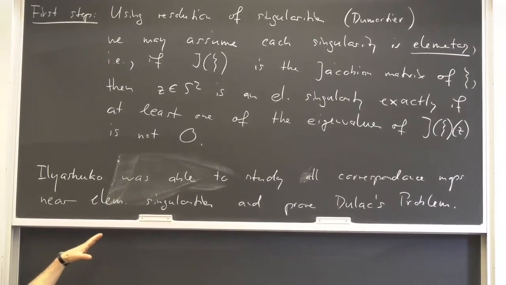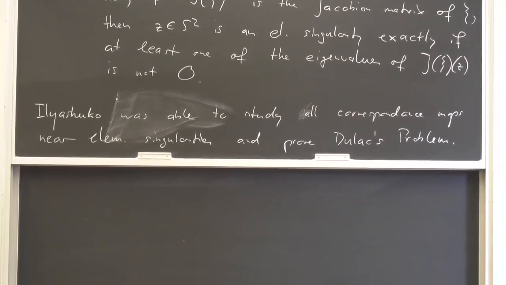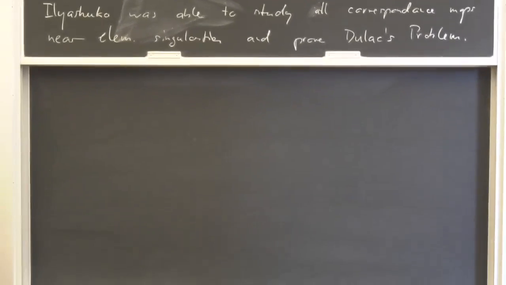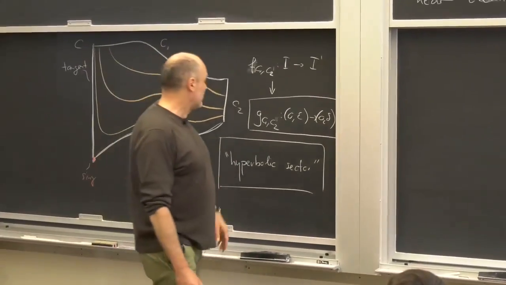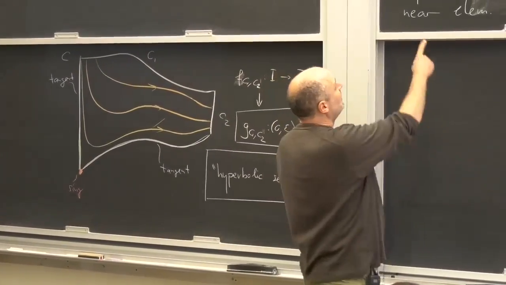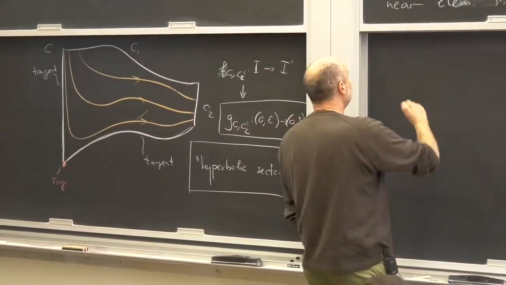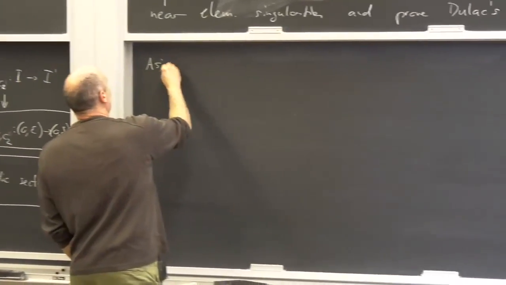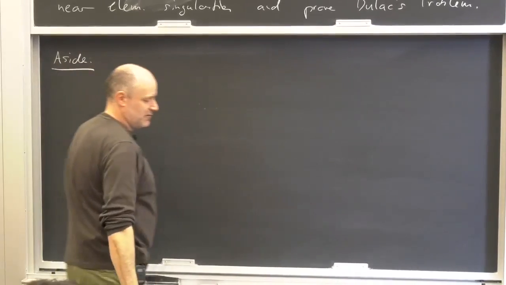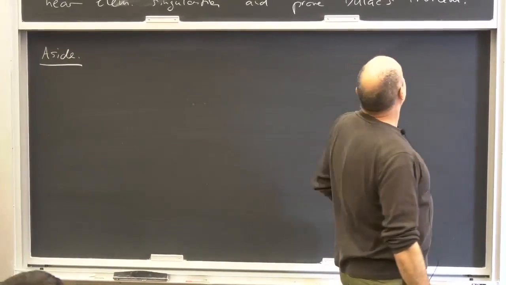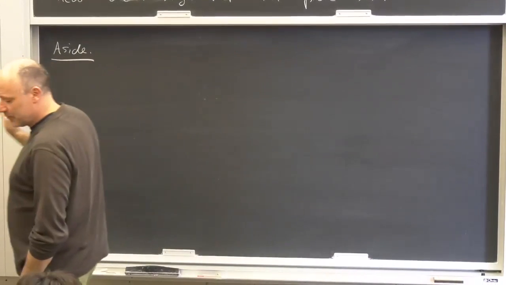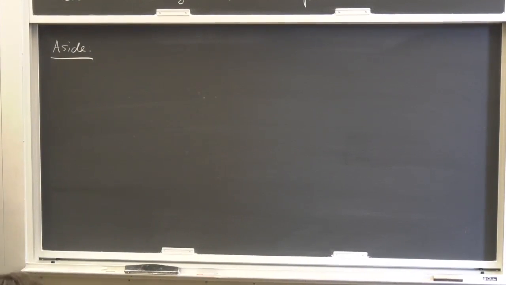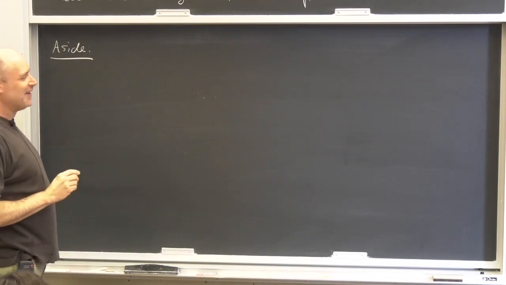My goal is to understand these kinds of correspondence maps near a hyperbolic sector. That's what I'm going to do going forward. But I want to just describe that's not all he has to deal with. So as a bit of an aside, let me just tell you what is involved here. And again, I'm not going to prove any of that. I'm just going to give you a little bit of a summary.